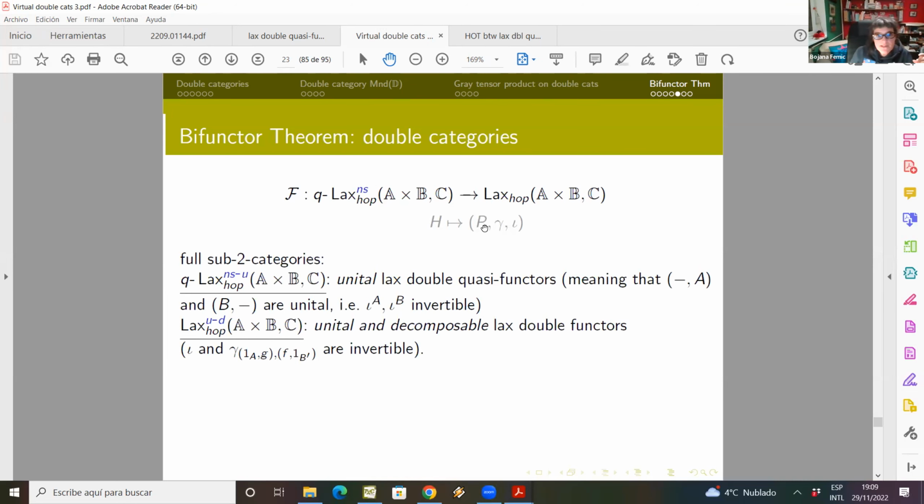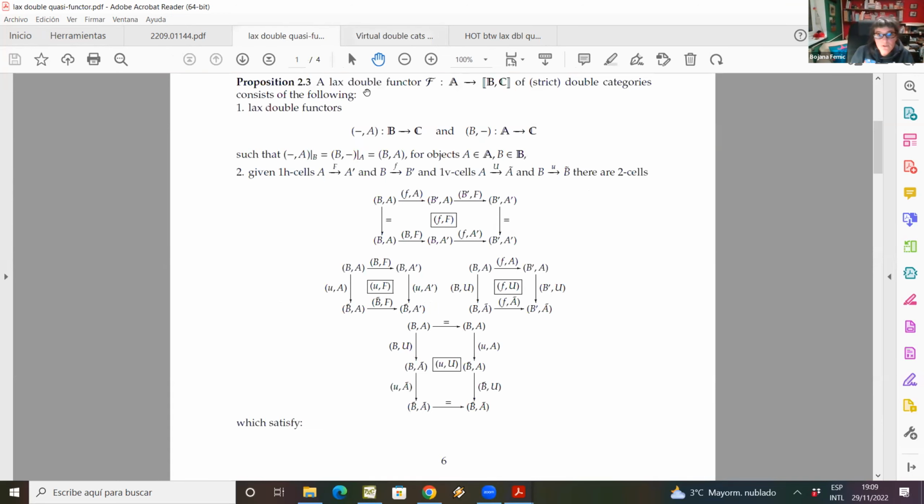And then if you want this F to restrict to an equivalence, you need to specify more. So you need to take full sub-two categories. This U stands for unital, so that the uniters are invertible. So these are quasi-functors. Remember that they consist of these two kinds of Lax double functors, so they have their uniters.